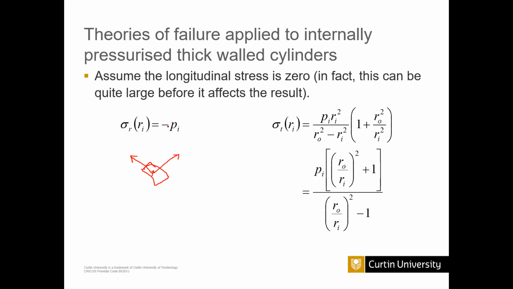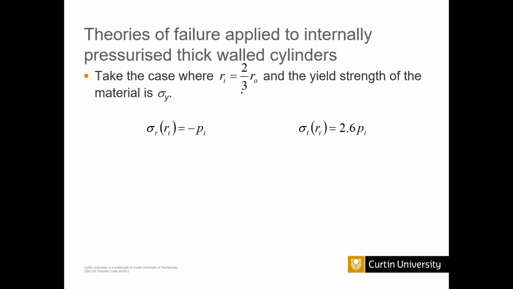So this radial stress and tangential stress have a difference, but it is larger than this value as well. You can see that if this ratio is 3 upon 2, that means 0.6, the ratio between these two is 0.6. Then the radial stress at the inner surface is minus pi, because that is the internal pressure.